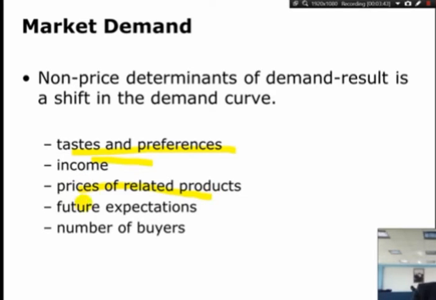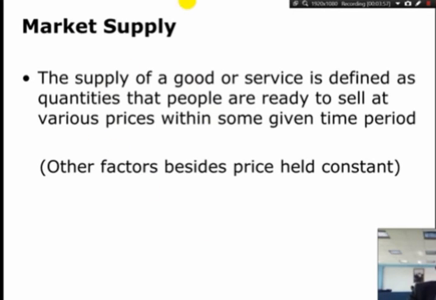And then we've got future expectations. In the future, we think it will be very expensive, so maybe we buy now. And the number of buyers. If we've got a lot of people coming from Taiz to Sana'a, we've got more demand because we've got more people.